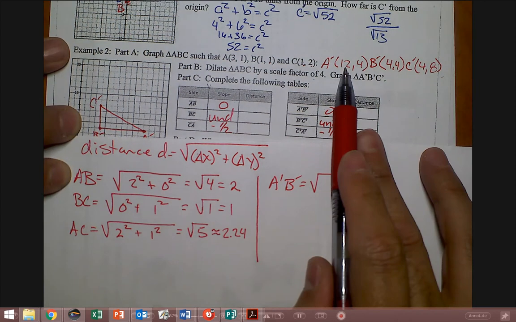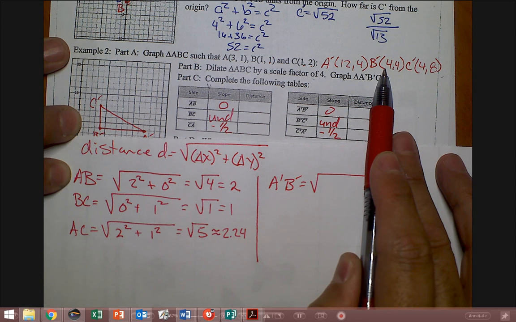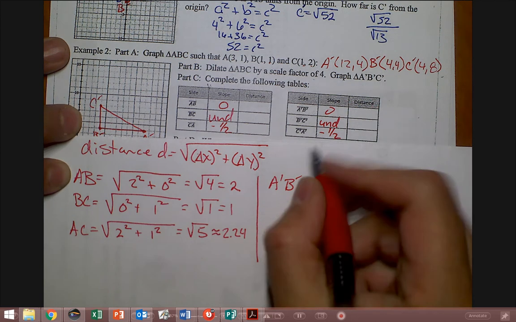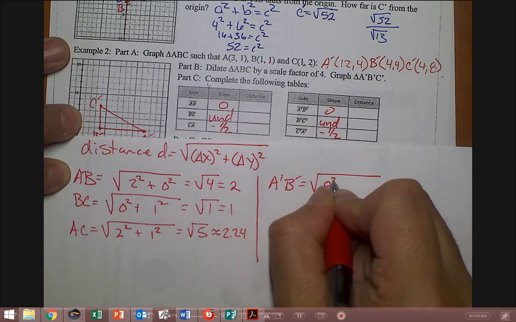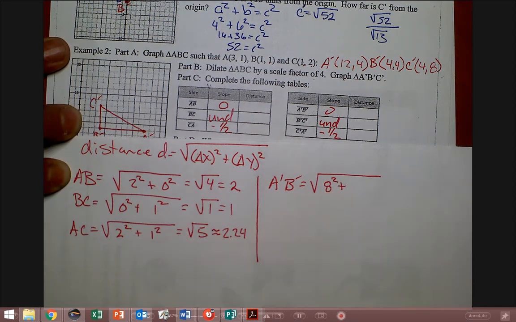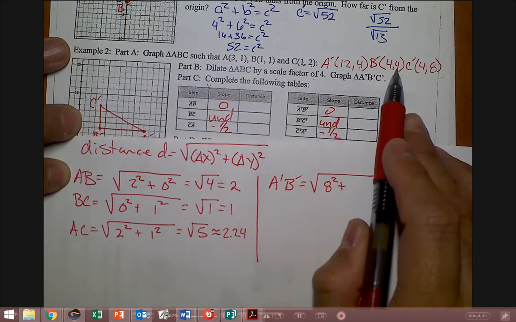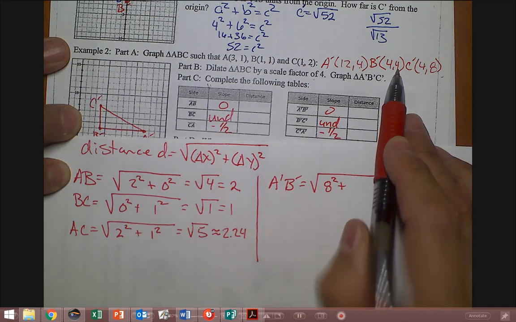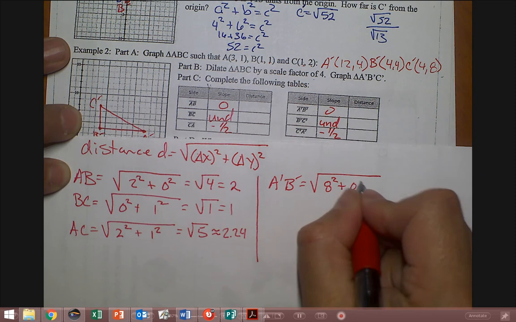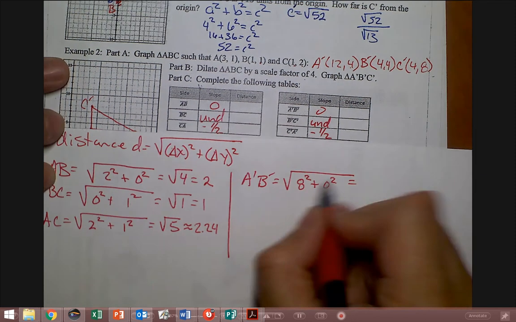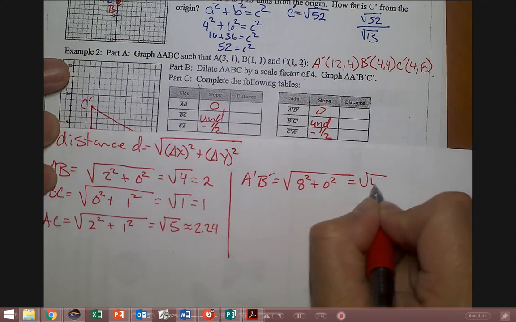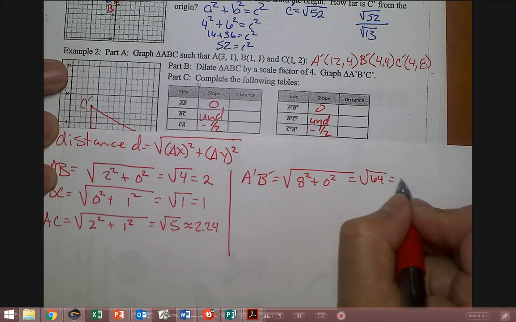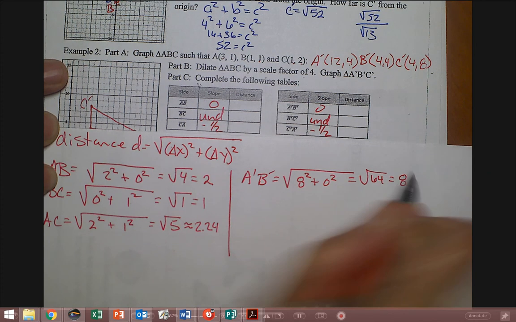How far is 12 away from 4? 8, very good. 8 squared, plus, how far is 4 away from 4? 0. So that's going to be the square root of 64, which is just 8.